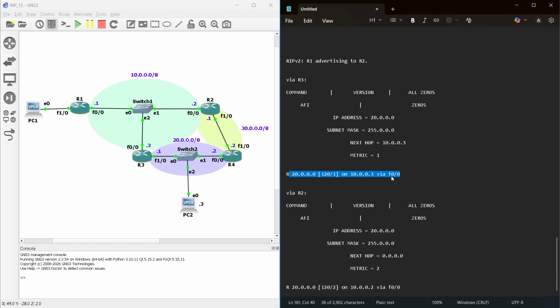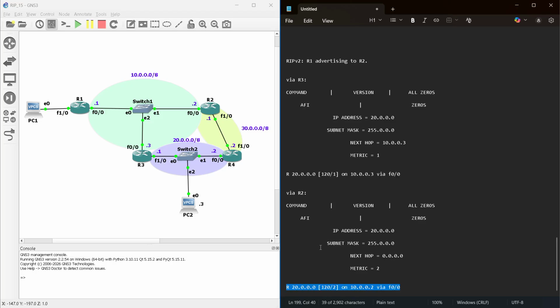So what is happening here is R1 is receiving a RIP update from R2. Before, the next hop was this, and we were having this entry, right?